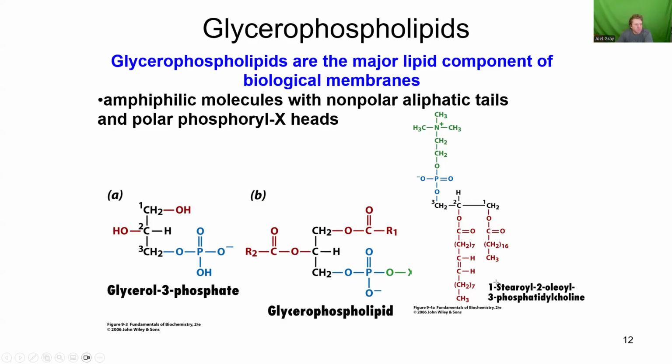Now that name is in reference to, well, carbon number 1 right here. That fatty acid is stearic acid. Carbon number 2, this is oleic acid. And then that means that at carbon number 3, we have this head group known as phosphatidylcholine. Or sometimes if you investigate lipids at all, you'd know this as PC.